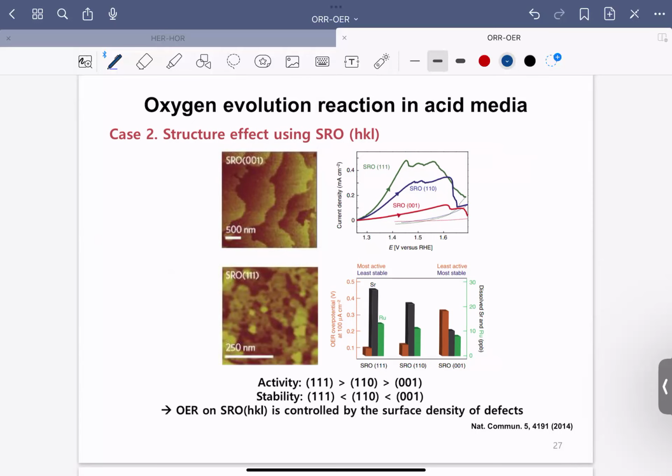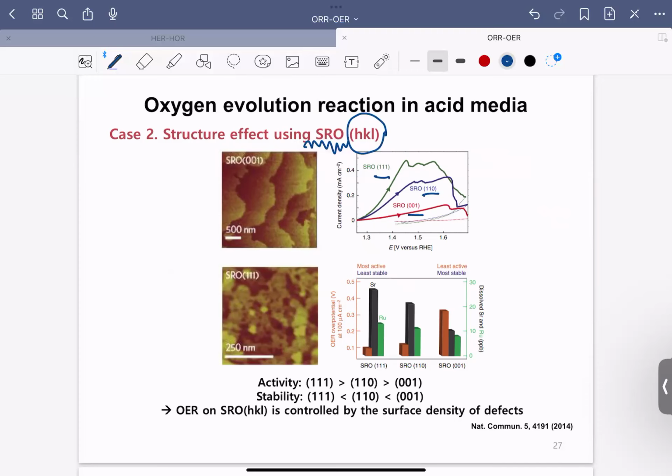So in these cases, we would like to just fix the material as strontium iridate, right? But the difference is the surface facet, right? So we would like to compare three different cases. One is the strontium iridate 111 and 110, and the final is the 001, right?